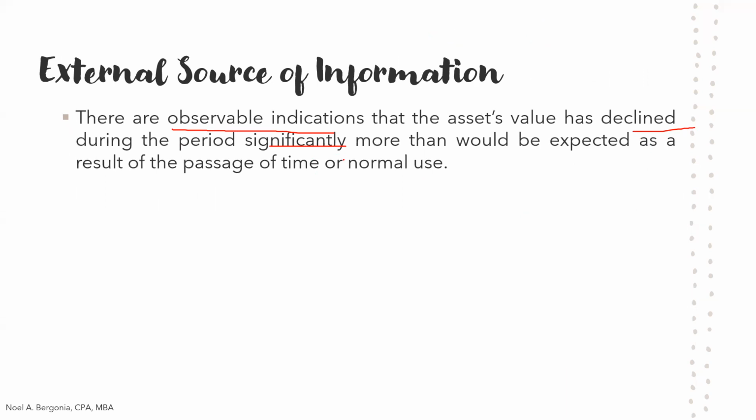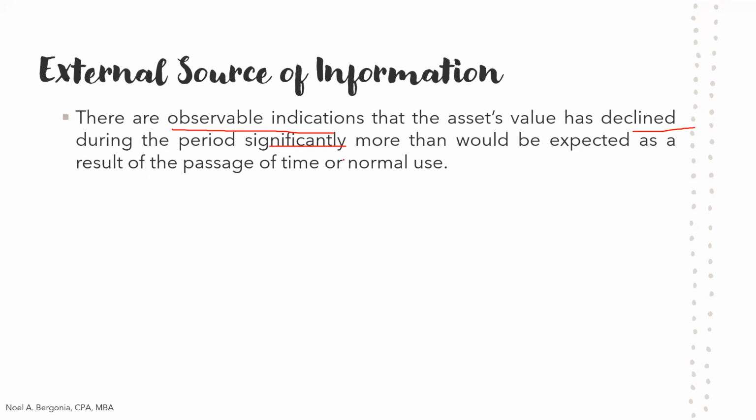It's other than depreciation, of course: the asset wears out, or there's a possibility that this particular PPE or asset is already unusable in some cases, or even that it has decreased its capacity. Those are some observable indications.